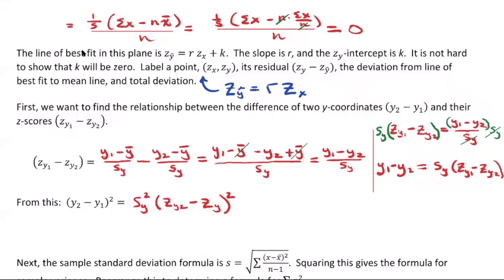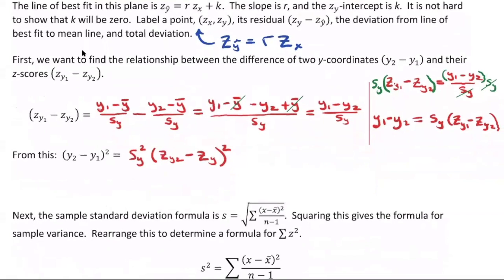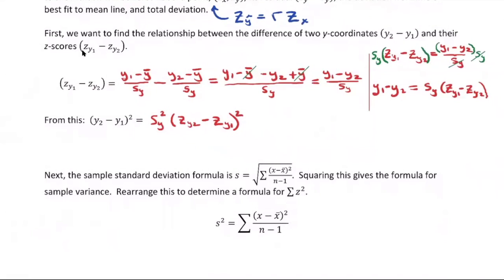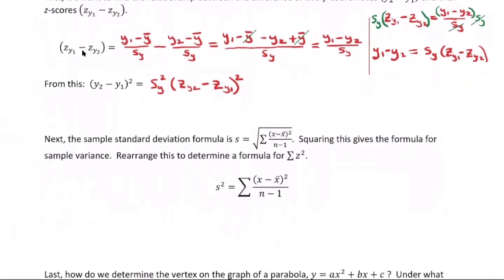Okay, so that's for any two y values. If you take the difference between any two y values and square it, that's the same as the distance between their z-scores squared times the standard deviation squared. Okay, so there's that. And we'll use that several times in the argument. This is just an algebraic statement that will help me a little bit later on.